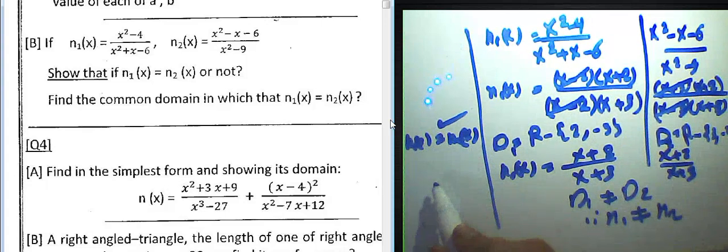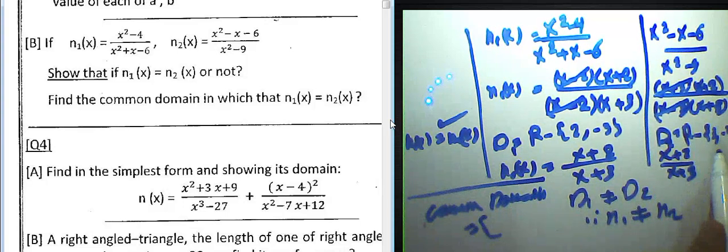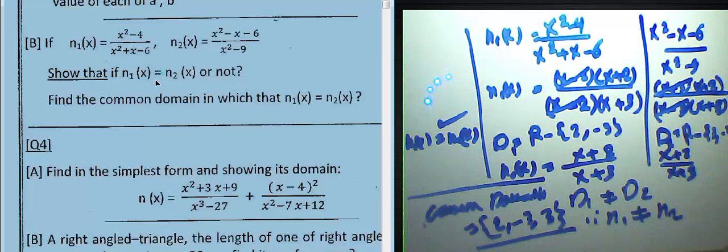And the common domain will be equal to what? Right here, the domain of 1 and 2: 2 and -3 and 3. It's the common domain between the two functions. My students, then n1(x) = n2(x), but n1 is not equal to n2.